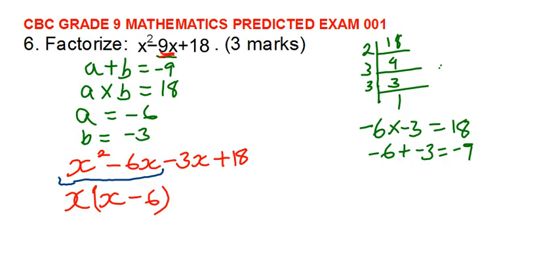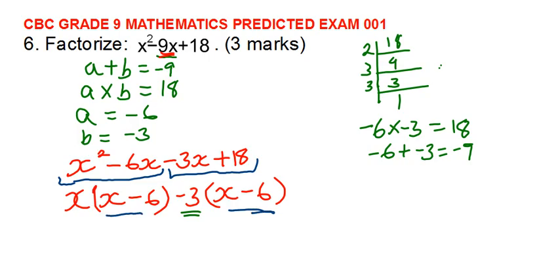Then we look at what is common in the other two terms, and we can factor out minus 3. We will be left with x minus 6. We have factored out minus 3 so that whatever remains inside the bracket is the same.